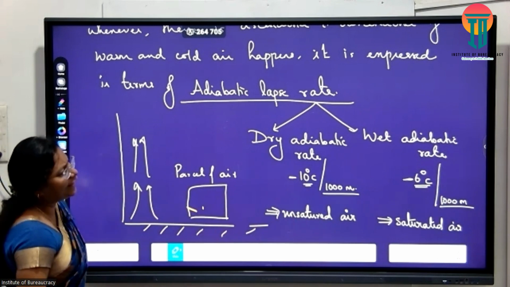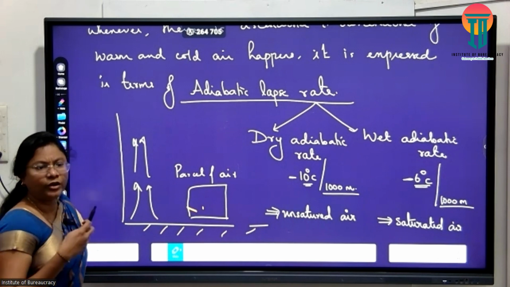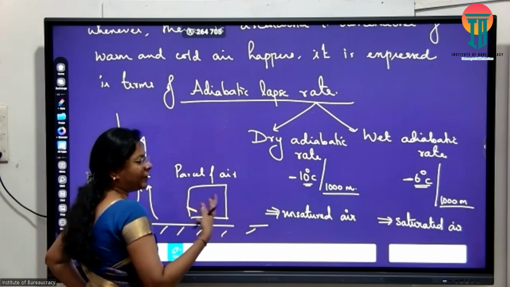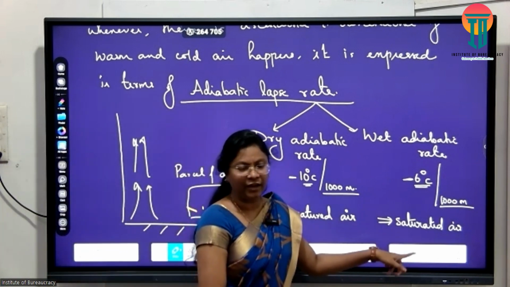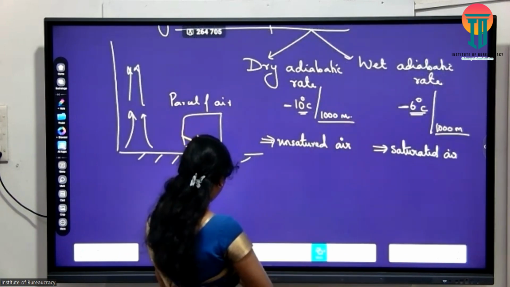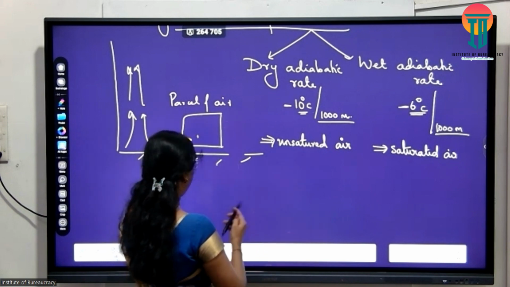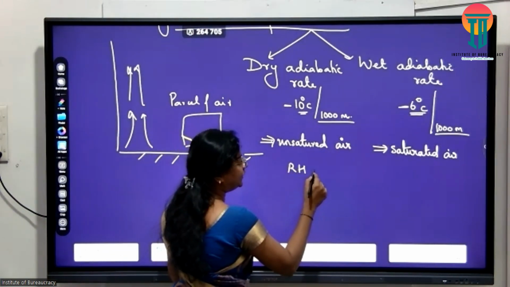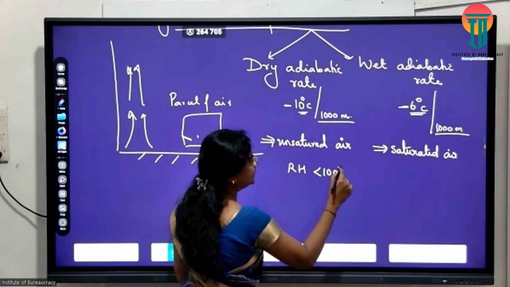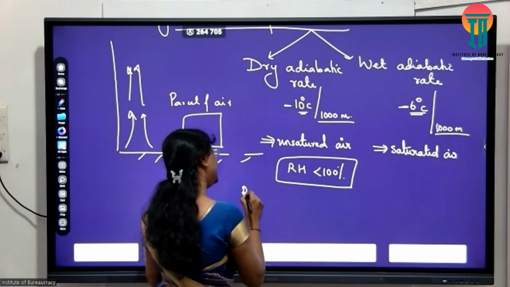Now, saturated air and unsaturated air depend upon the humidity factor. If the air holds maximum moisture, that is saturated air. I'll just write a one-liner here; we will discuss further when we study humidity. When the relative humidity is less than 100%, that is unsaturated air.